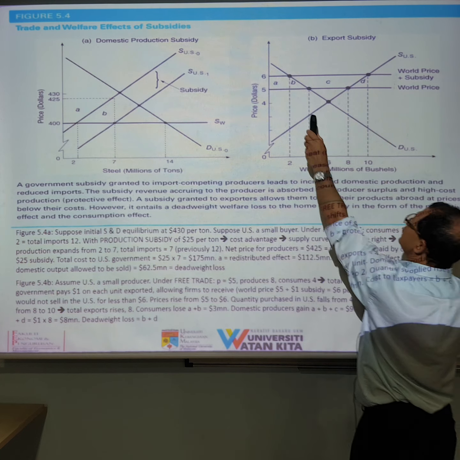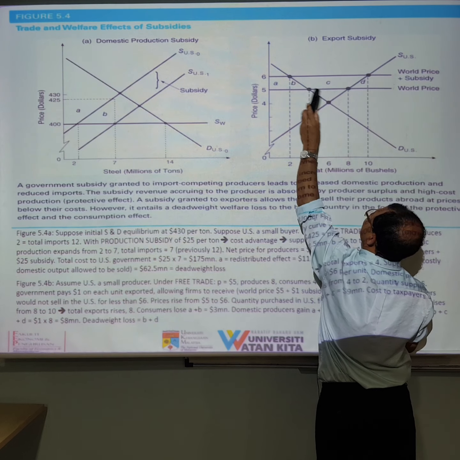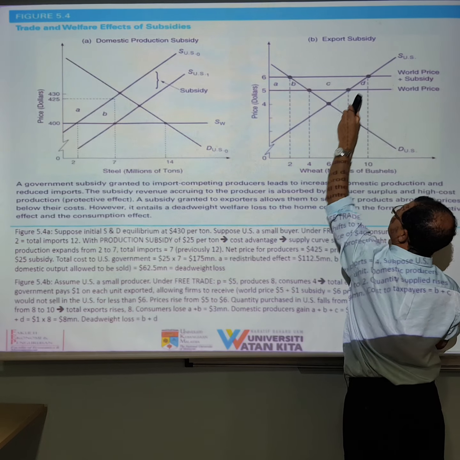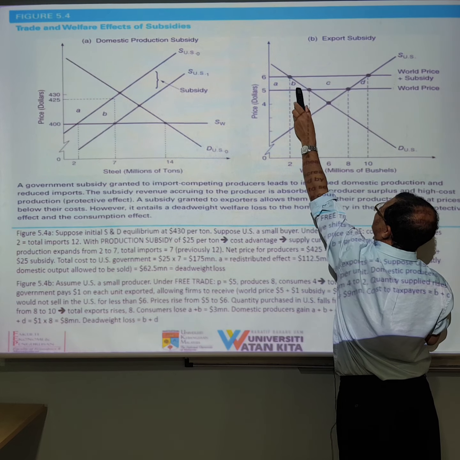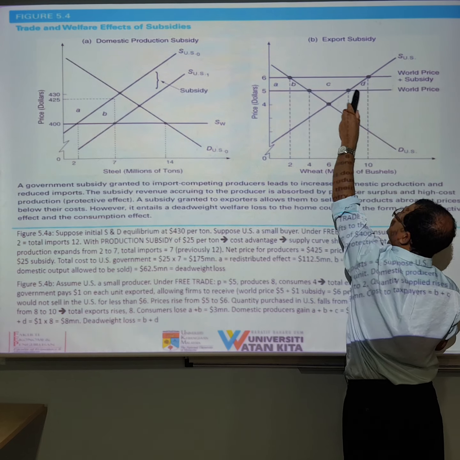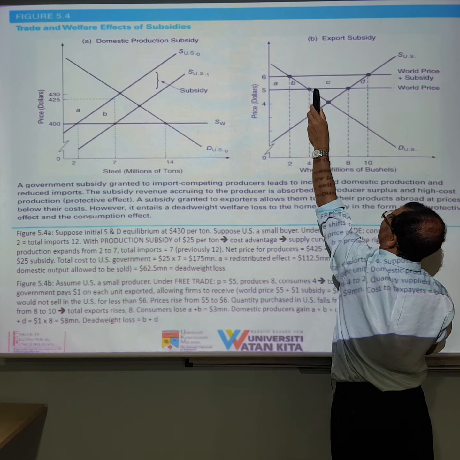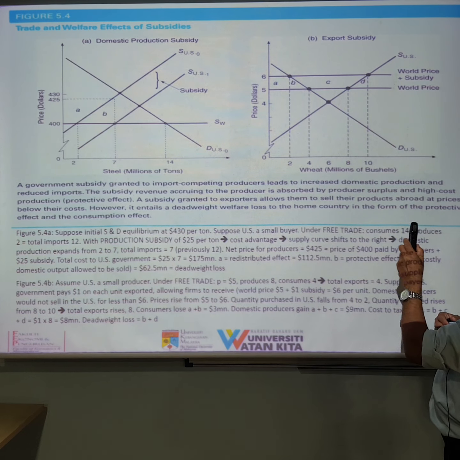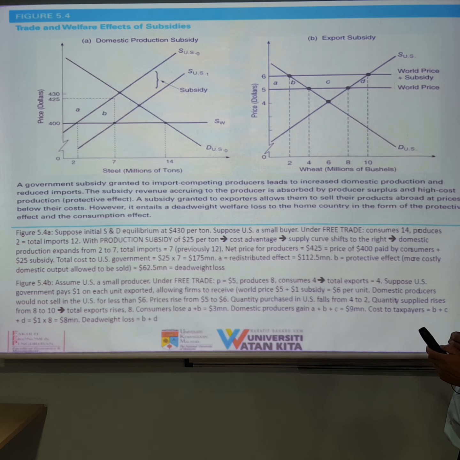This is not in the portion of that, because this is the new line. And yet, this is part of taxpayers' money that goes to subsidize the export. So B and D is the deadweight loss.